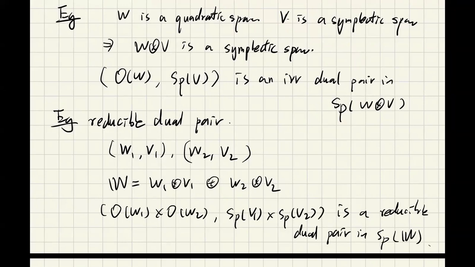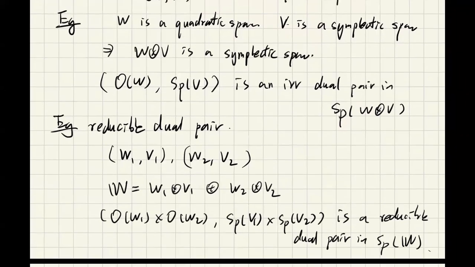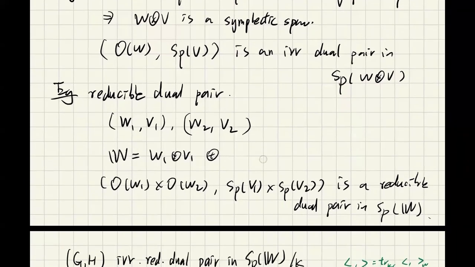Of course, there's no restriction that you can't switch the roles of V and W. You can write this, and this one could also be a reducible dual pair.